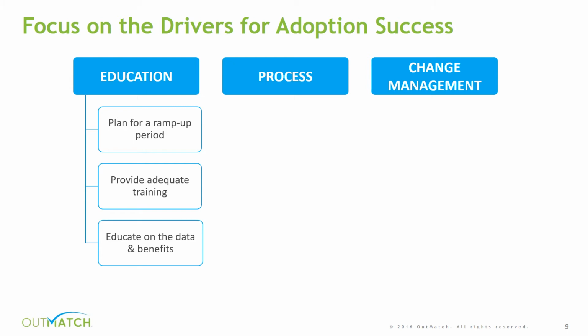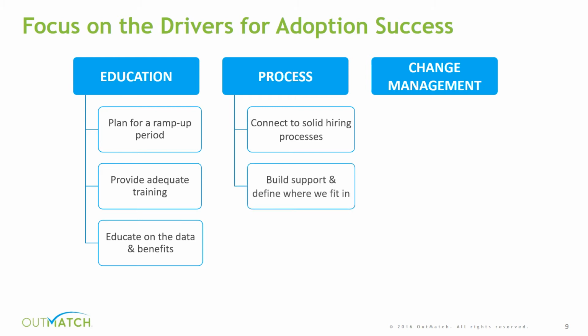The second thing to focus on is process when it comes to adoption success. There are 3 key drivers to consider. First, attach the new process to solid processes that are being leveraged across the organization. If you attach the new process to broken processes or even an applicant tracking system that is not widely leveraged, you're really setting yourself up for failure.